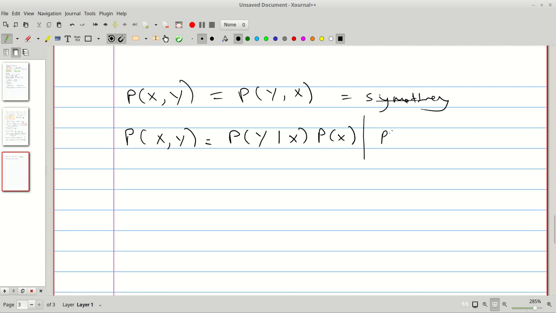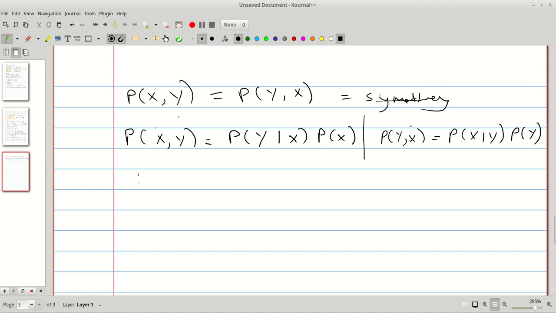We can also write it as the probability of x given y times the probability of y. Since these are essentially the same, you can either say y given x times p of x, or x given y times p of y.